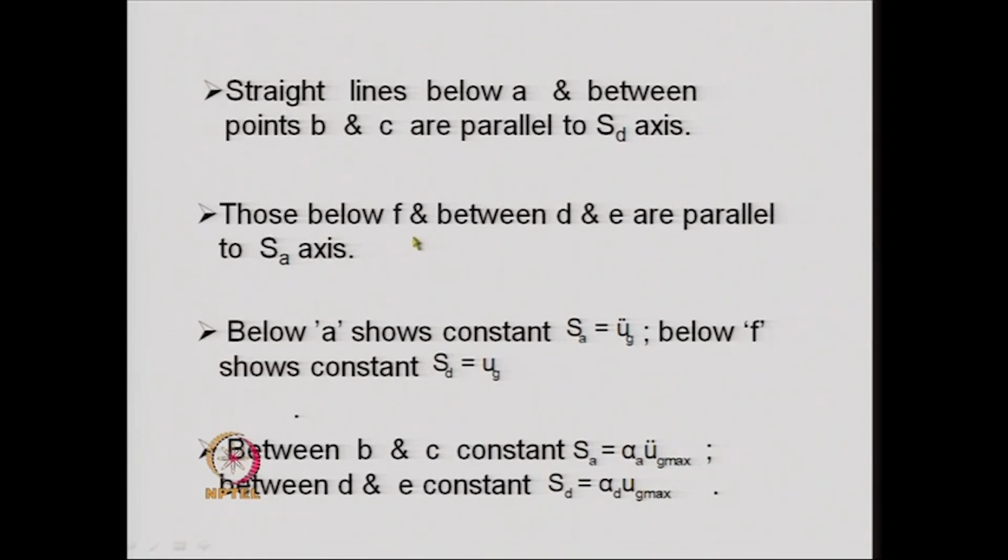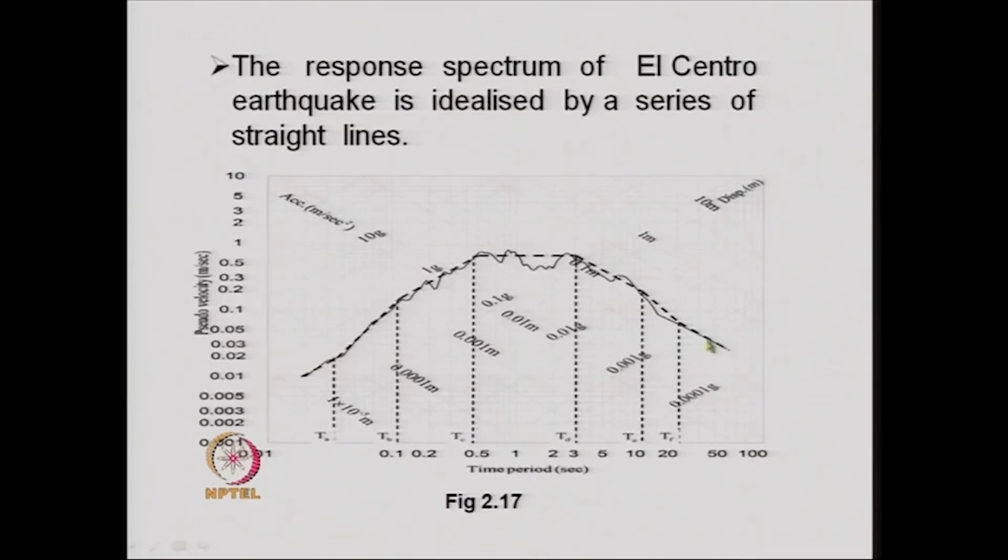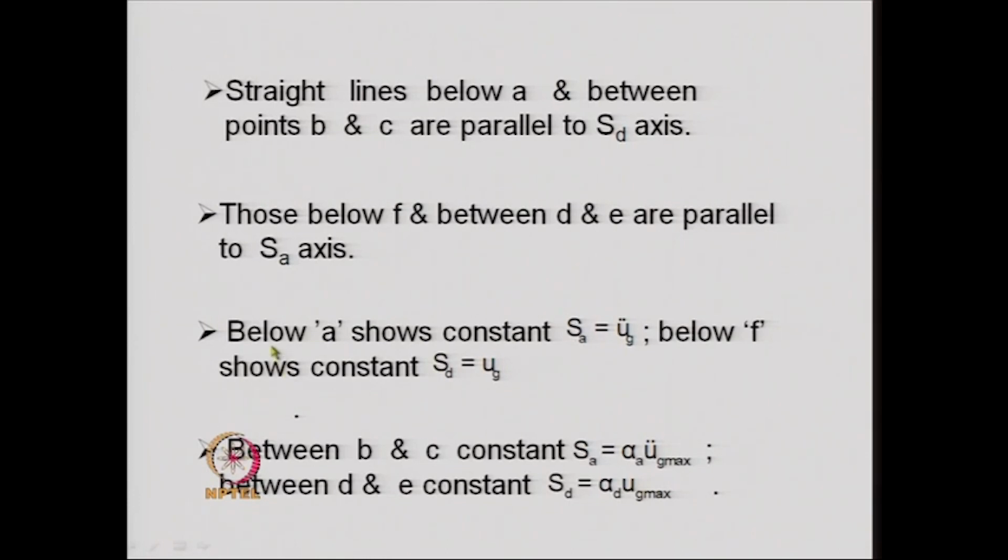Those below F and between D and E are parallel to the SA axis, that is this line and this line. These two lines are parallel to this acceleration or SA line. Below A shows a constant value of SA, which is equal to the ground acceleration, and below F shows a constant SD, which is equal to the ground displacement.